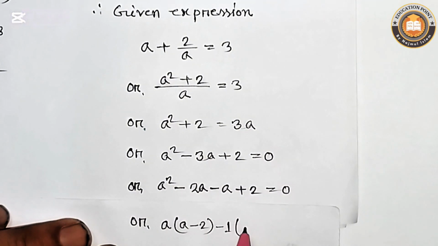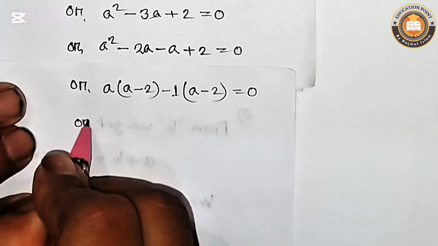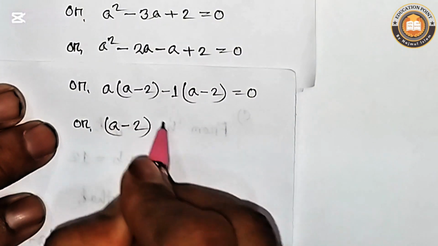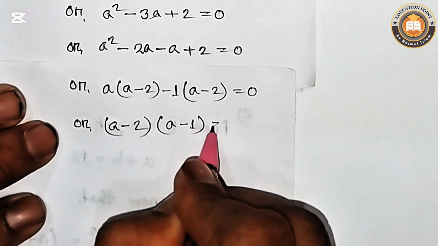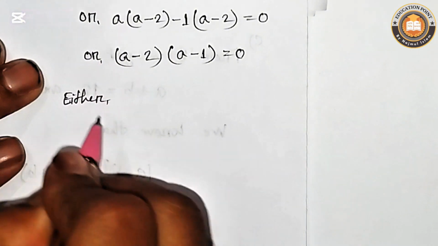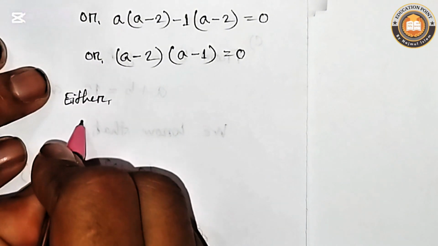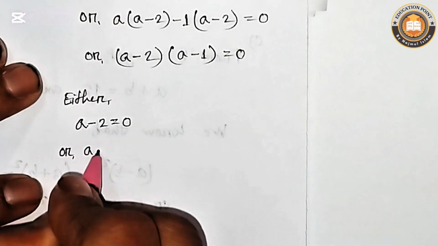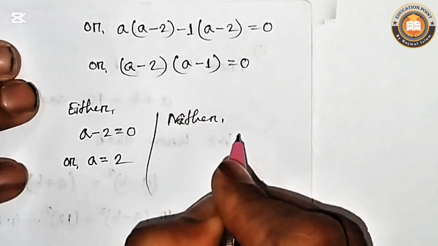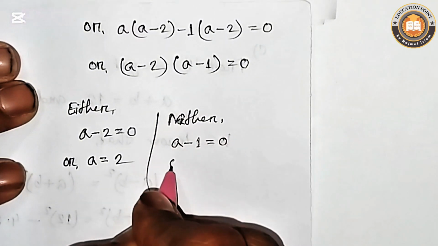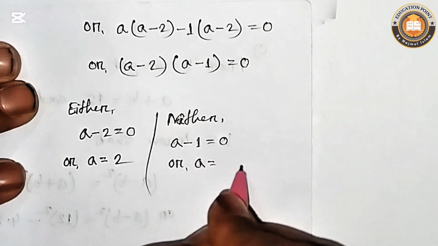After taking common value we can write a minus 2 equal 0, or this expression common value is a minus 2, then we can write a minus 1 equal 0. Either a minus 2 equal 0 or a equal 2, neither a minus 1 equal 0 or a equal 1.